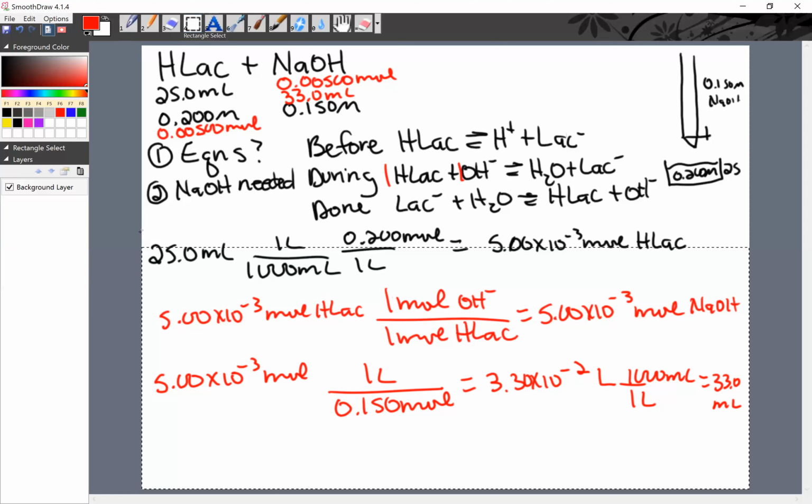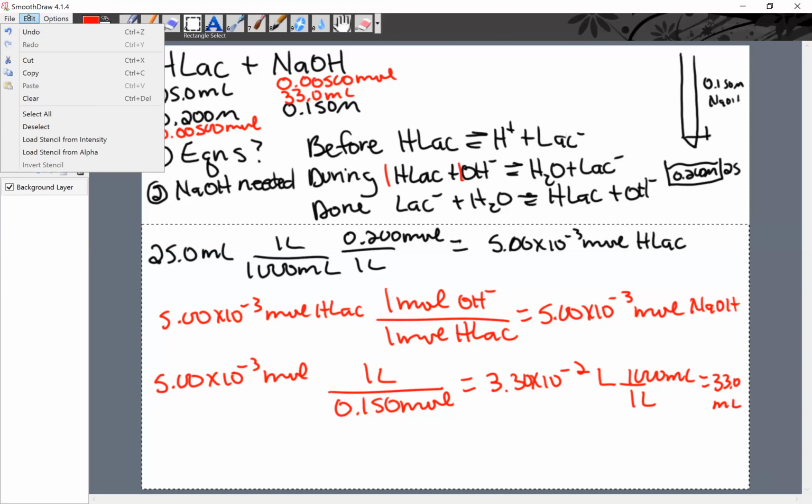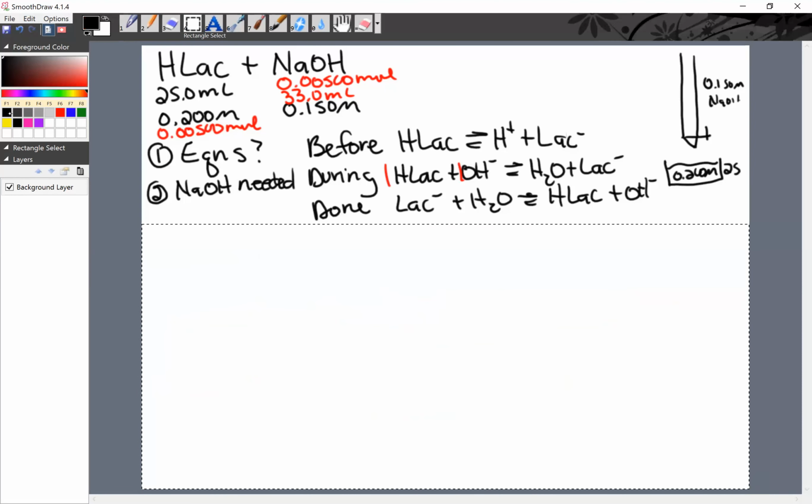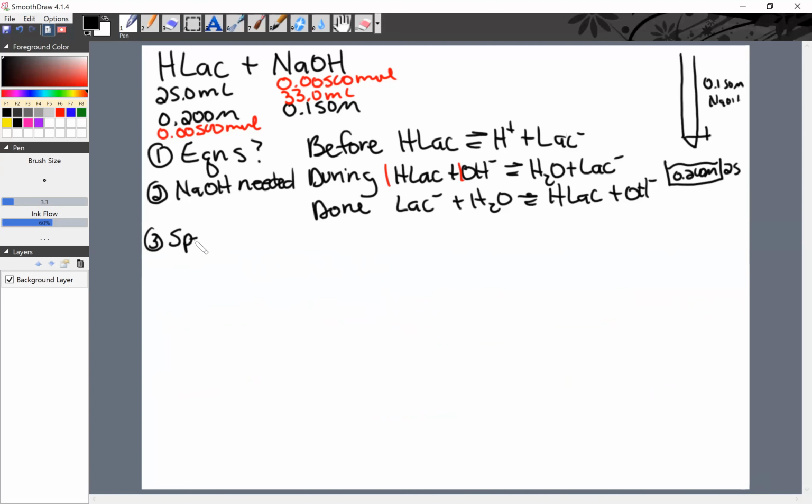What's going to be floating around when I'm done? Let's ask that question. What's going to be floating around? What are my species at the end point?